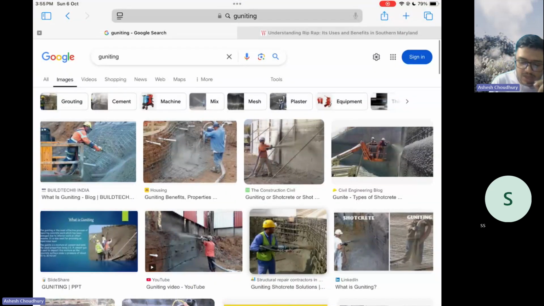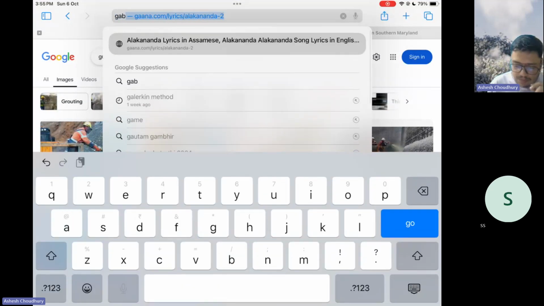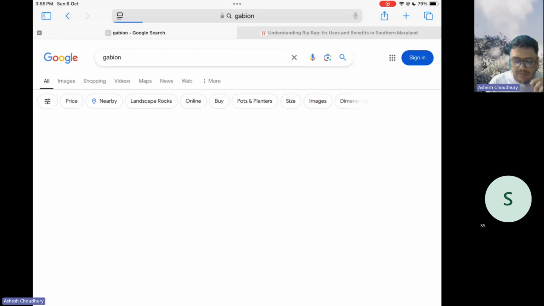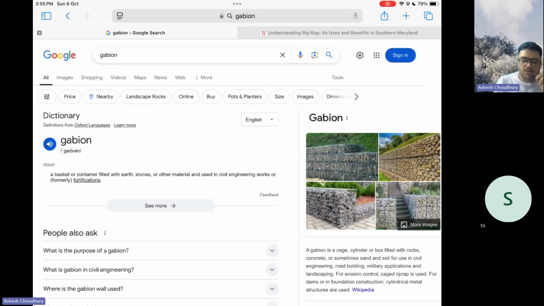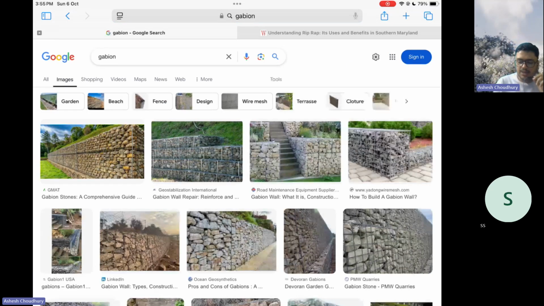Then we have gabion mattress. You already know gabions, you have discussed them before also. We have steel wire mesh cages, made of steel wires, and these cages are filled with boulders to form a wall-like structure.